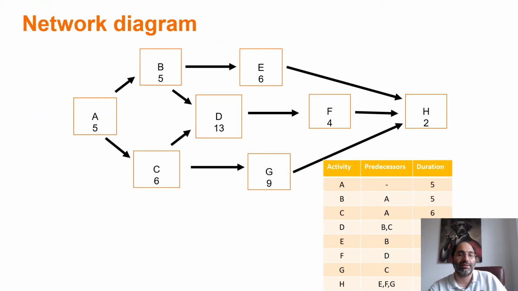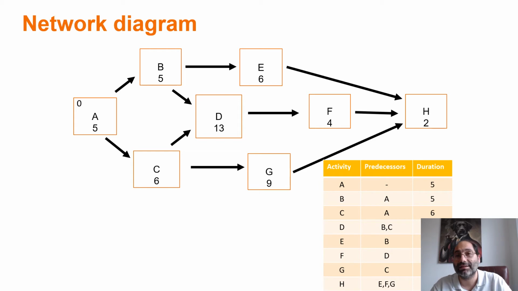So here is the network diagram we created with the durations added, and I'm ready to use these for my critical path analysis. So starting from the first activity, activity A, always the early start time for the first activity of a project is set as 0.